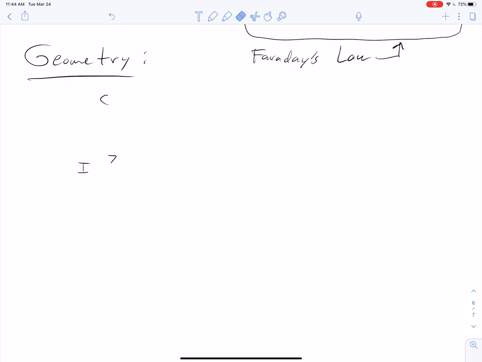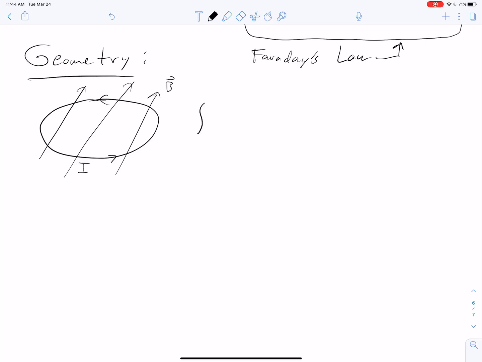And if I have some magnetic field like this, B, then we've just derived that the integral of E dot dl in that loop is equal to negative d phi dt, where phi is the magnetic flux. Okay, and so this is what we just derived.